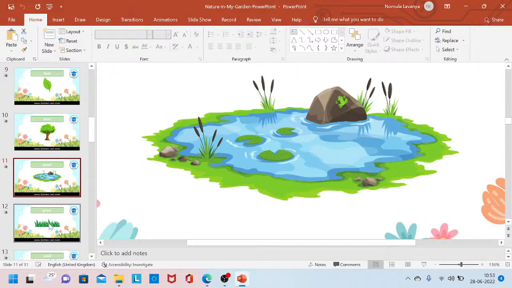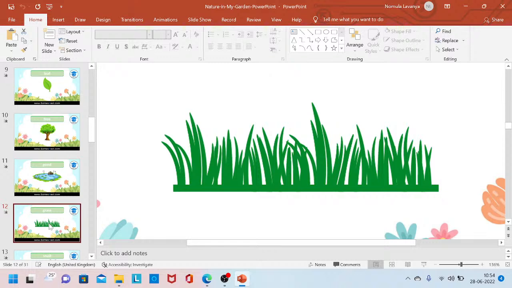We see ponds also, a very small water body, that is a pond. What else do we see in the pond? Yes, frogs and tiny insects living in the water, right? Pond.